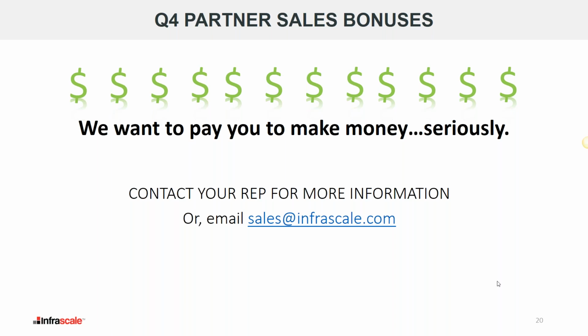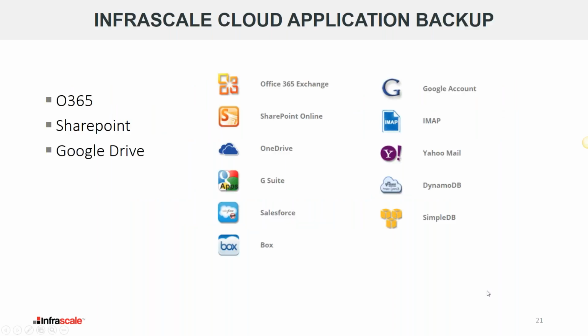Okay. Now the big thing today is Infrascale Cloud Application Backup. So we are on the verge of releasing cloud-to-cloud backup. We're going to call it ICAB, another acronym for everyone to remember, Infrascale Cloud Application Backup. Right, we're going to start with Office 365, SharePoint, and Google Drive, but all of these things on the list are going to be available eventually.